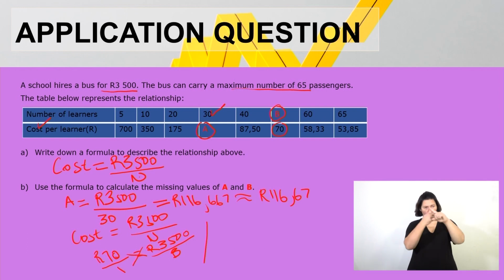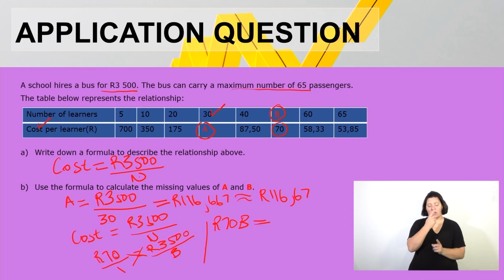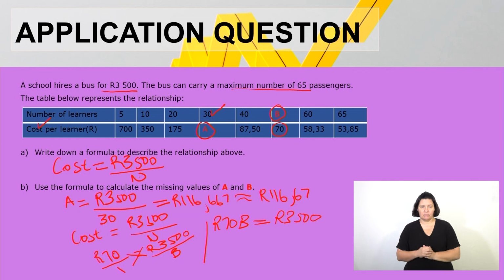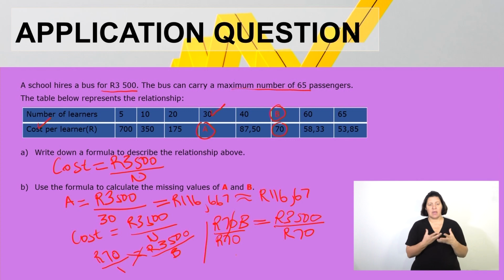We're going to cross multiply, so we say B times 70 rands, we get 70 rands B being equals to 1 times 3,500, it will give us 3,500. We need B alone, we divide by 70 rands both sides. Always observe the rule. Cancel those two, we get B is equals to 3,500 divided by 70 rands, it gives us 50 learners.